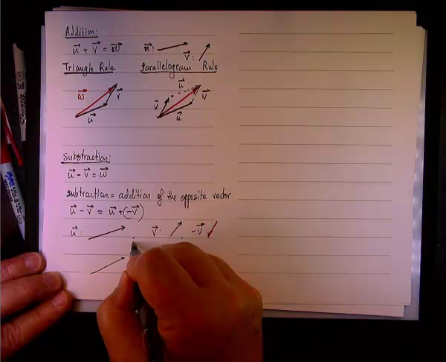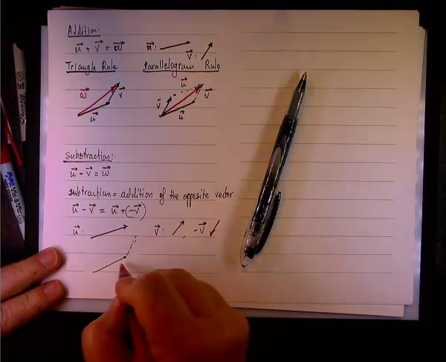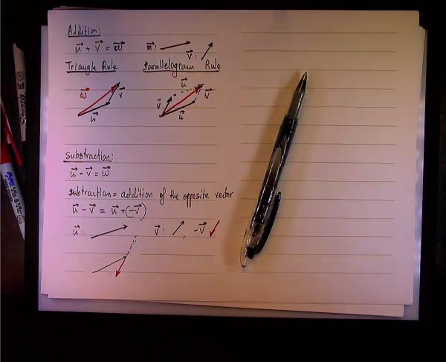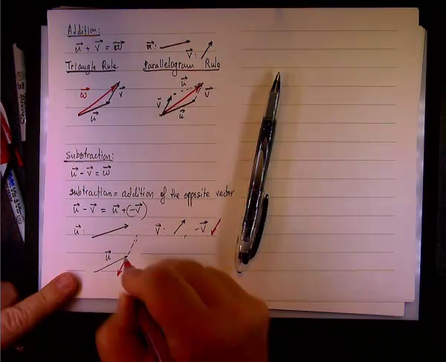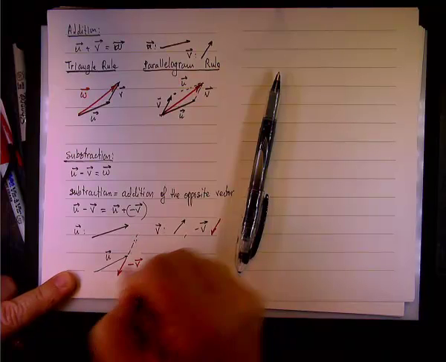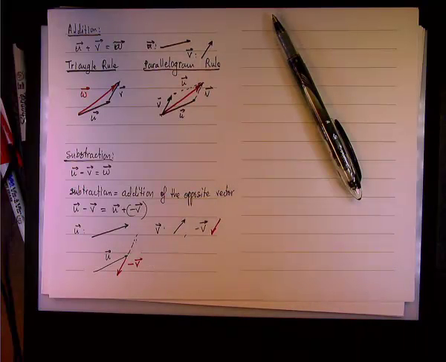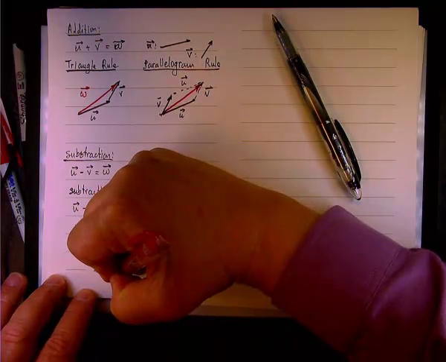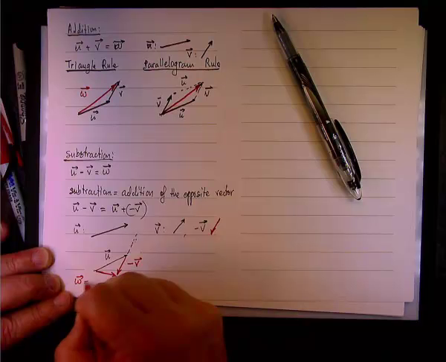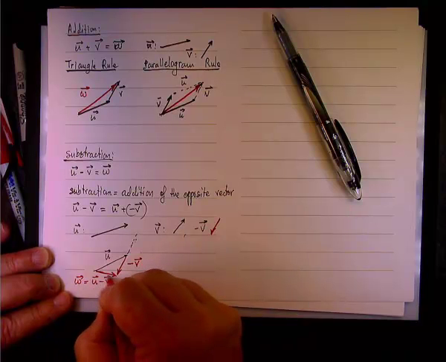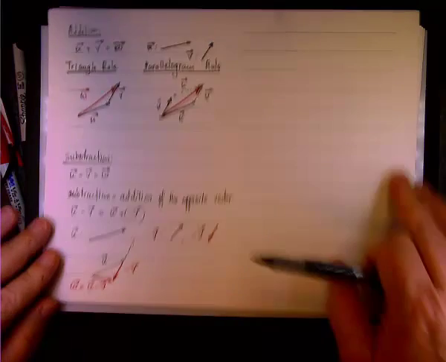So this is u, and instead of adding v, as we did before, I'm going to add negative v, which is this one. So this is vector u, and this is vector negative v. And you simply add these two together, applying the same rule, initial point of u connected to terminal point of negative v. So this result, w, is u minus v.